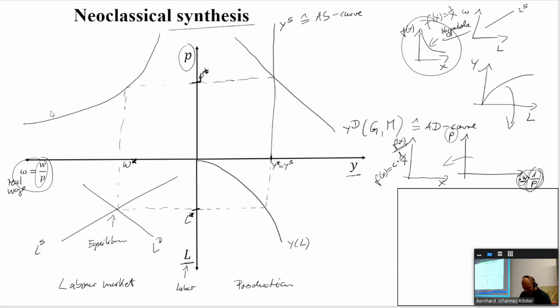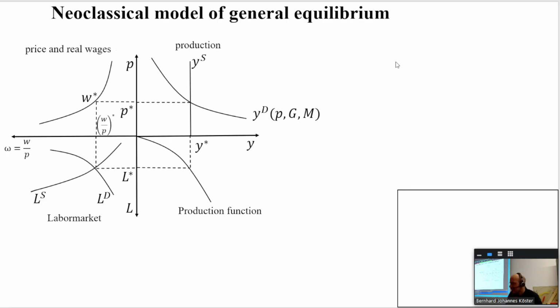Well, and this is now our overall equilibrium within our economy. And in this economy, here you find it a little bit better drawn than my hand drawing. Within this model, now we also can ask ourselves, what happens if G is increasing?